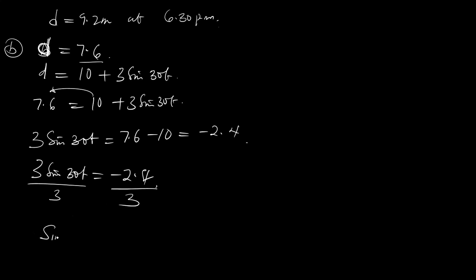Dividing both sides by 3, we have sine 30t equal to minus 0.8.